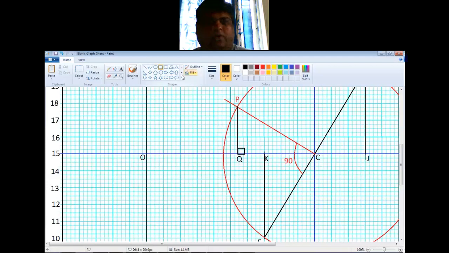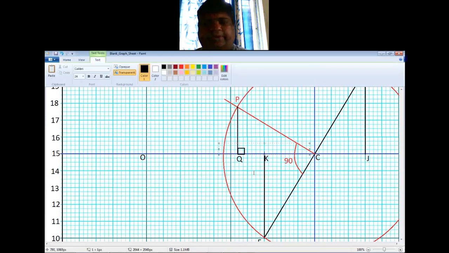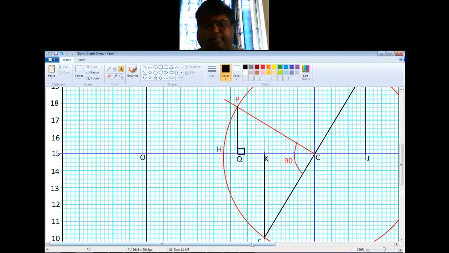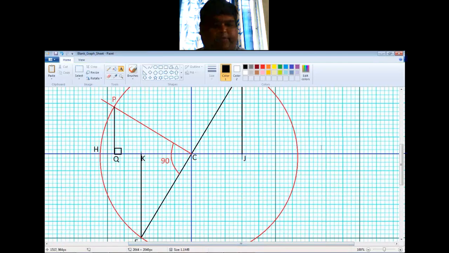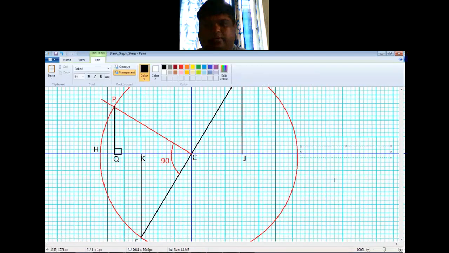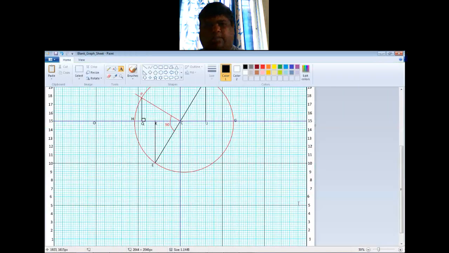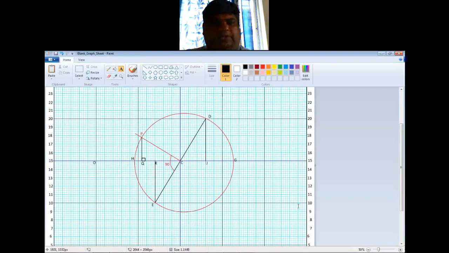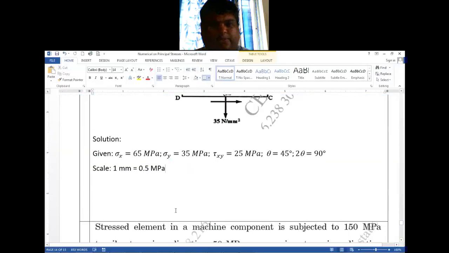Now this circle is cutting the horizontal reference line at point, let this be H and this be G. Okay, so G and H. Now in this, what is the thing he has asked?